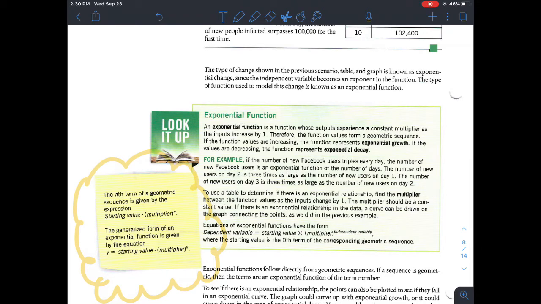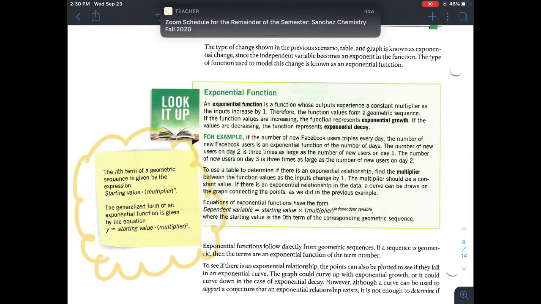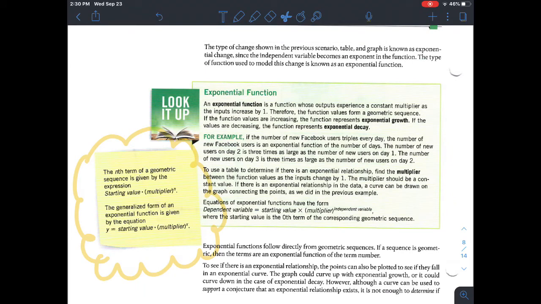For geometric sequences, you have your starting variable times your multiplier to the nth power. A little bit different than you learned in Math 1 when you were talking about geometric and arithmetic sequences, or the exponential growth in regards to like population increase.